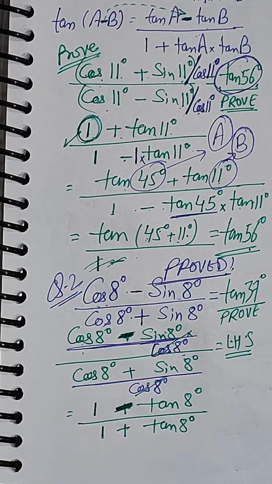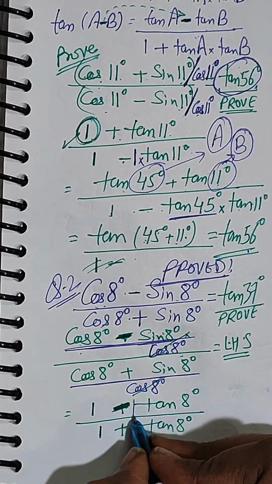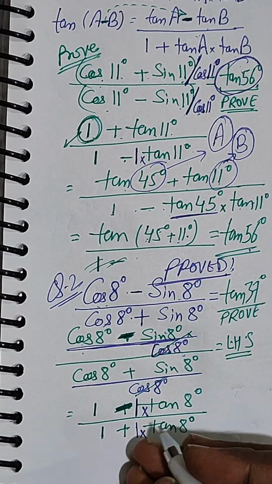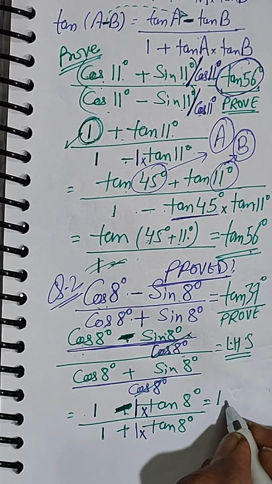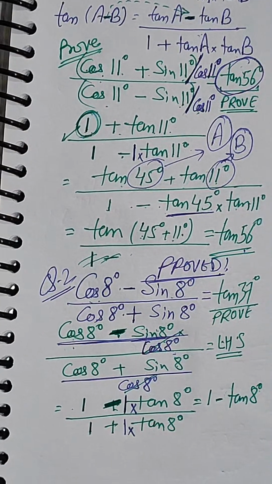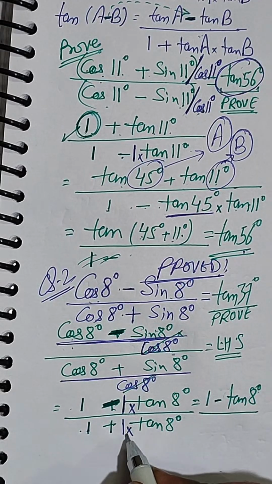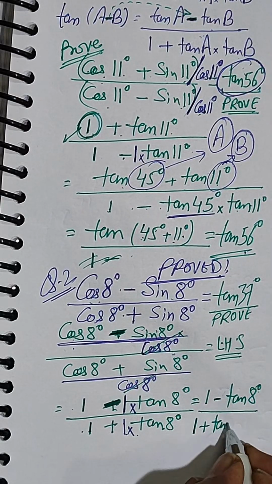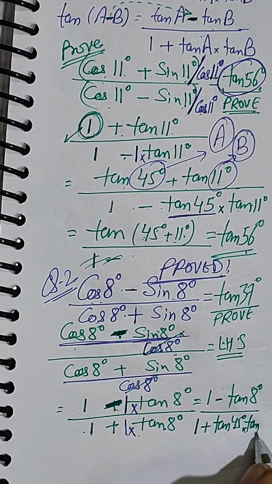So here you can see with tan 8 we can just multiply 1 here and here also, right? What is the benefit of that? 1 minus tan of 8 degree, just write it as it is, divided by 1 plus 1 into tan 8, which can be written as 1 plus tan 45 multiplied with tan 8 degree.